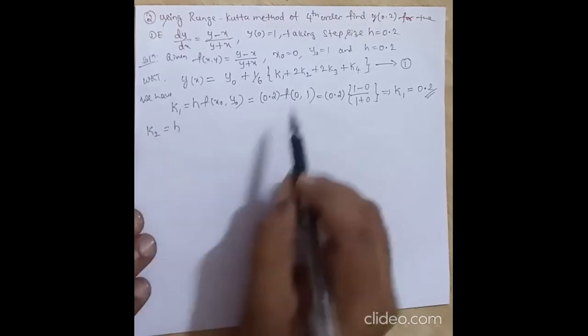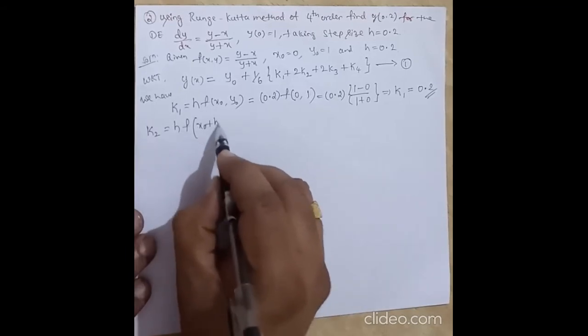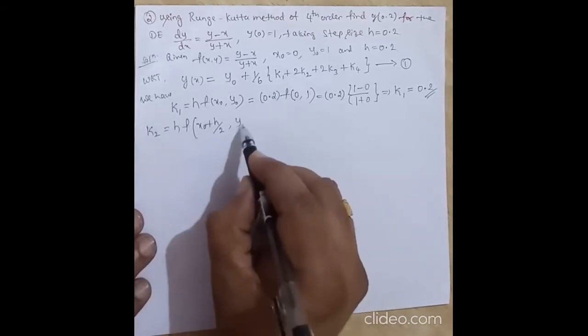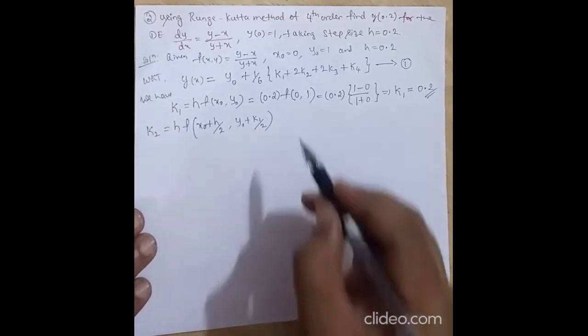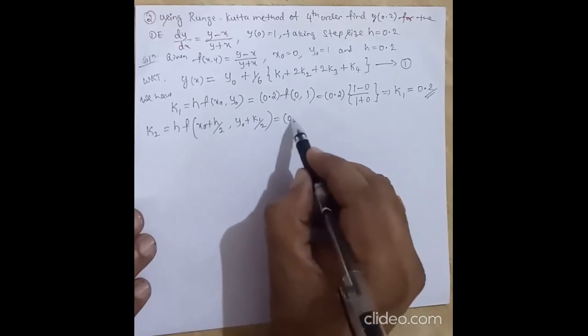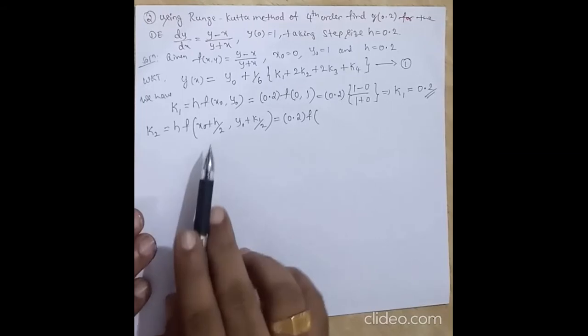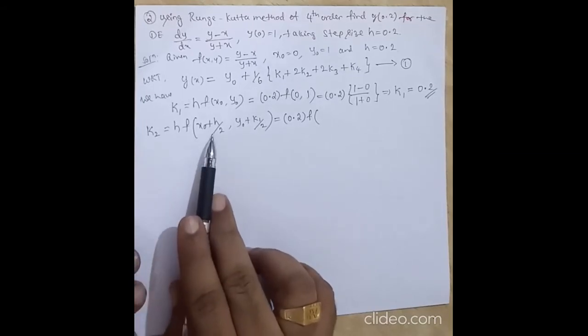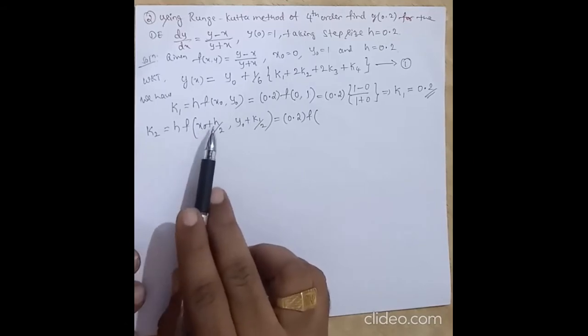So the second parameter k2 is, the formula is h into f of x naught plus h by 2 comma y naught plus k1 by 2. Now this is equal to, h is 0.2 into f of, so calculate this, x naught plus h by 2. X naught was 0, so this term becomes 0, plus h by 2.